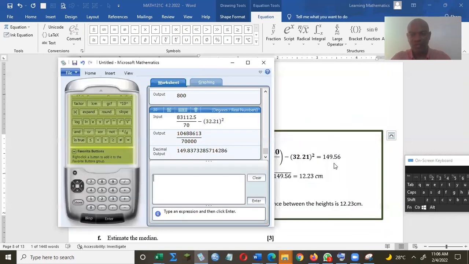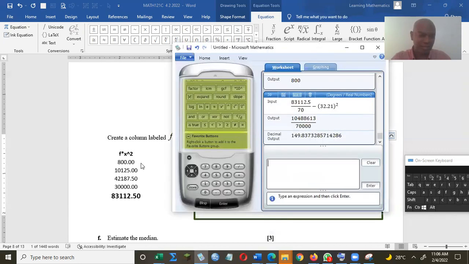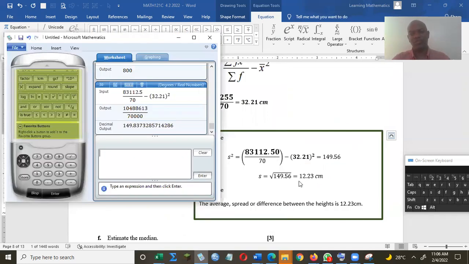149.84, 149.56. So you see how the values are slightly different because of the rounding off we did in the first method. This method has less rounding off, as you can see, because the mean is only used once. Okay, so that's why this method is a little bit more accurate.